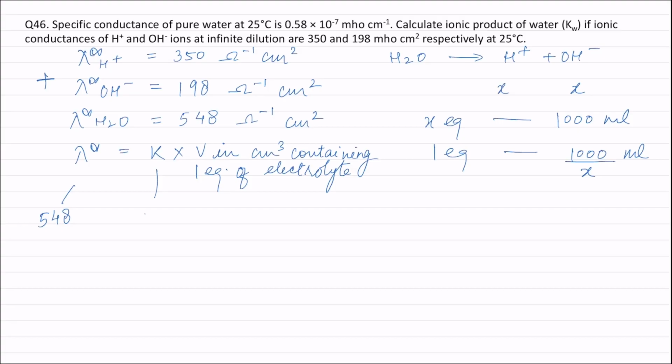Specific conductance is given as 0.58 into 10 to the power minus 7, and volume containing one equivalent of the electrolyte is 1000 by x milliliters. From this, the value of x is equal to 1.05 into 10 to the power minus 7 moles per liter, or it can also be said equivalents per liter.